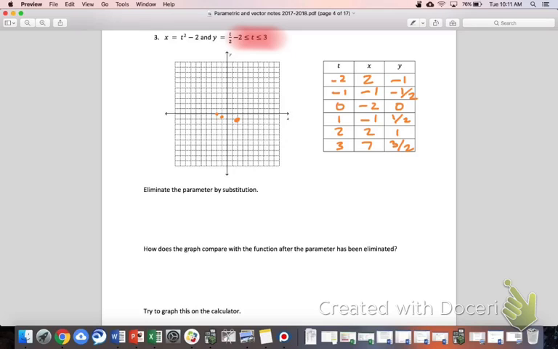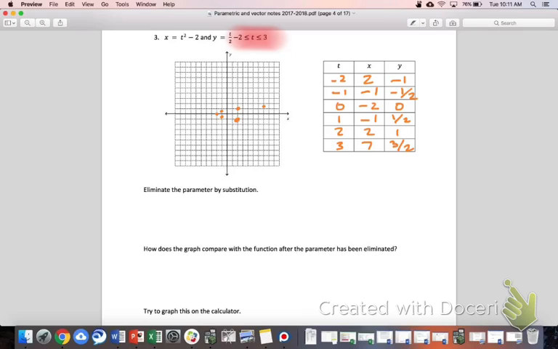And then negative 1, positive 1/2 would be right about there. 2, 1 is there. And 7, 3/2 is right about there. Does that look good as far as the dots go? Kind of looking like a sideways parabola now, isn't it?